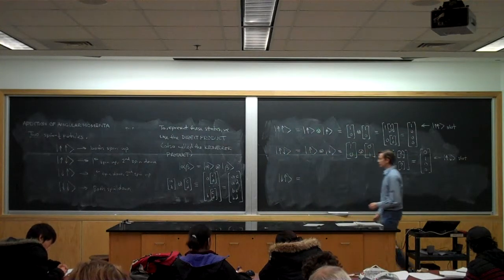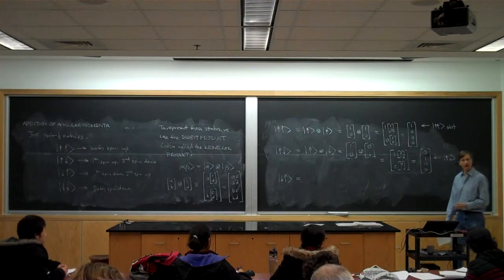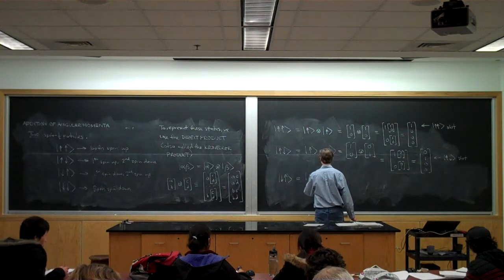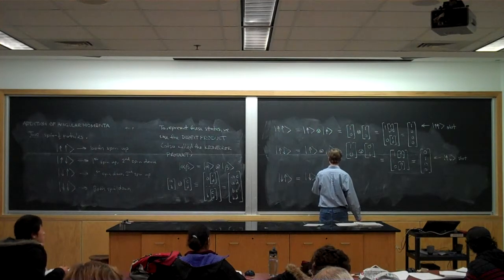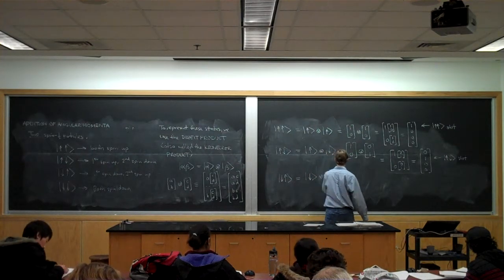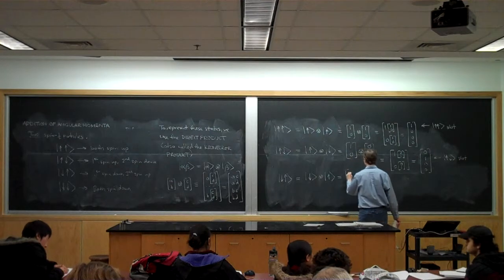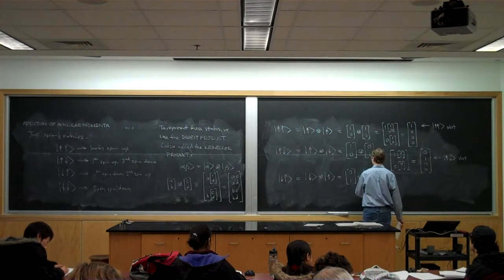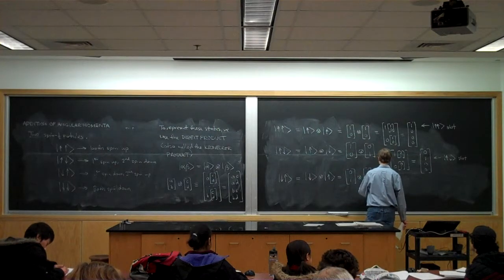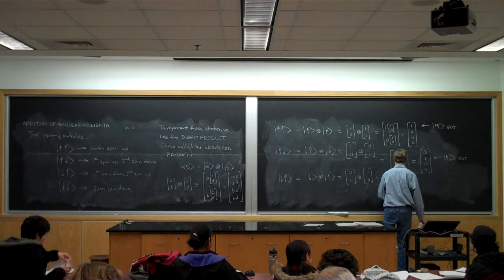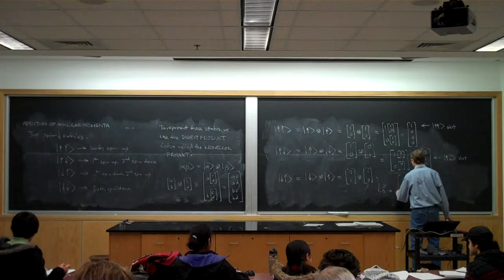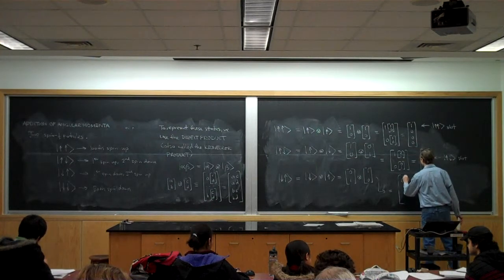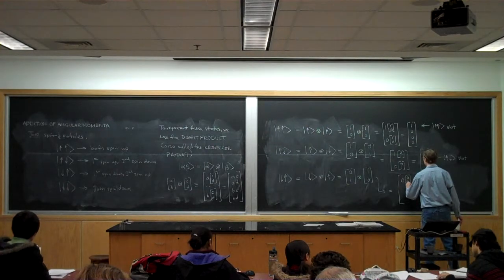Then there's first particle down, second particle up. So that's direct product of down state with up state. So now I've got 0, 1, direct product with 1, 0. So I compose that by taking the first two slots are 0 times the second spinor.